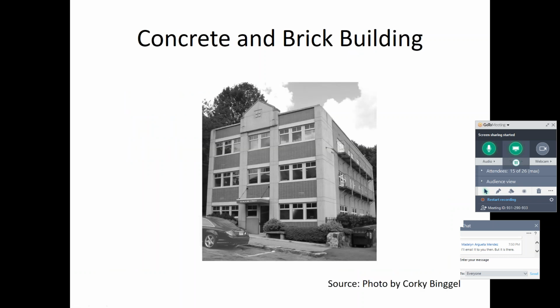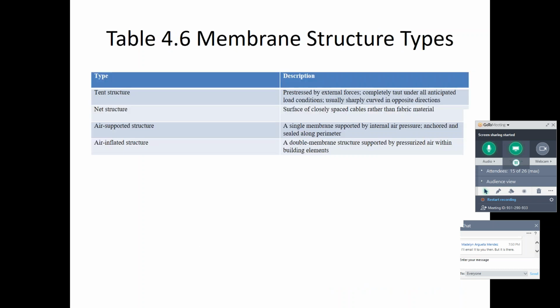Concrete and brick buildings. So this is just showing a mixture of those two things together. We've seen plenty now. This is probably one of the oldest photos we could have picked. Membrane structure types, since that is one of the newer things to us. There's the tent structure, which is the best way to think of it to burn it in your memory. So we have the pre-stressed by external forces, completely taut under all anticipated load conditions, usually sharply curved in opposite directions. A net structure, a surface of closely spaced cables rather than fabric material.